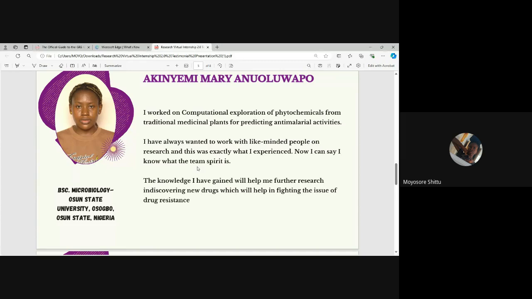I have always wanted to work with like-minded people on research, and this was exactly what I experienced. Now I can say I know what a team spirit is. The knowledge I have gained will help me further research in discovering new drugs, which will help me in fighting the issue of drug resistance.